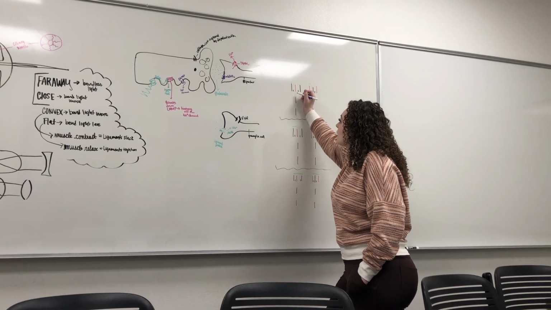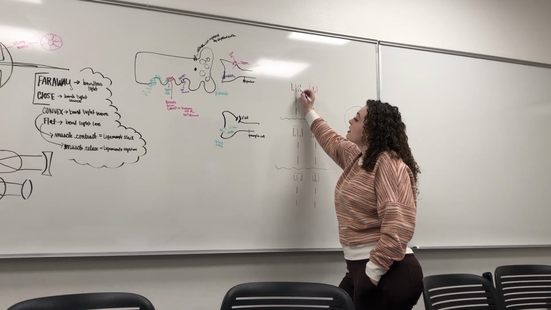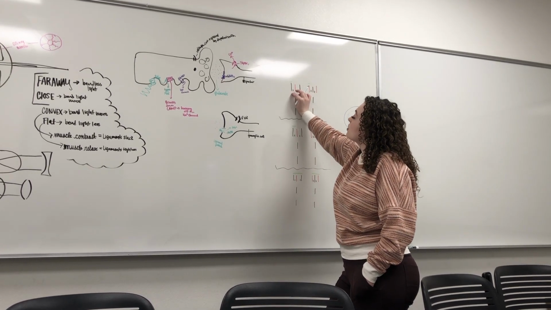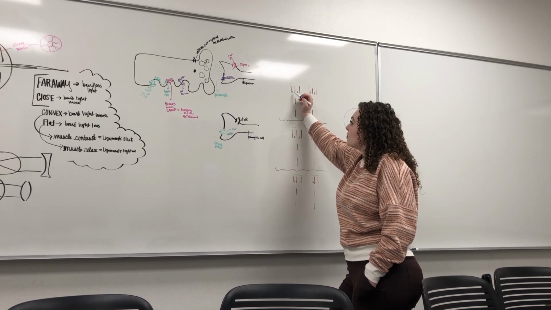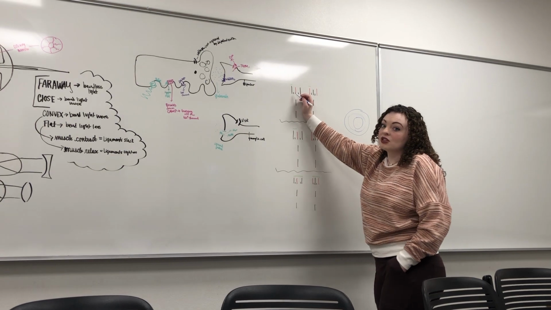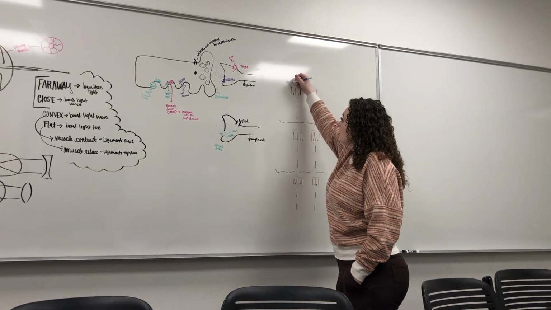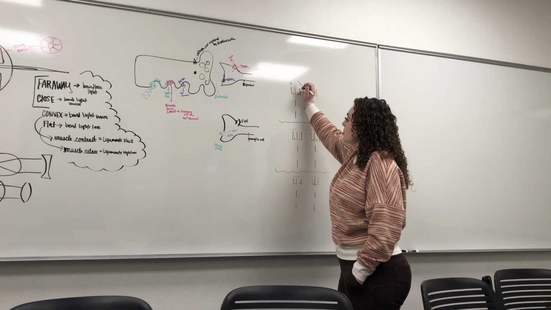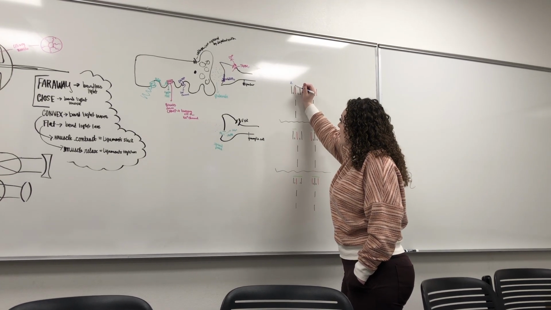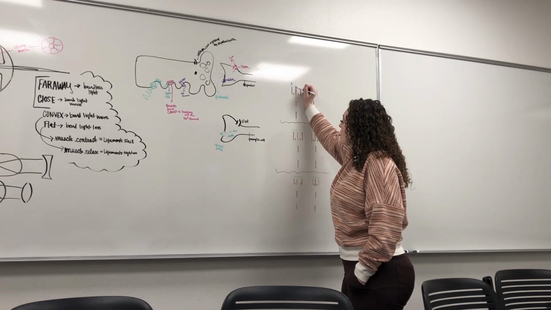So the first one we have is the center is on and the surrounding is off. If we shine light on the surrounding, it's not going to match up because these like to be in the dark. So this one is not going to be congruent with each other. And this one's not getting light, so it's not going to work.